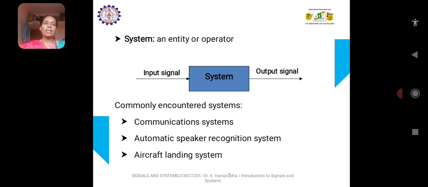Some commonly named systems are communication systems, speaker or amplifier system and aircraft landing system. Everywhere, wherever we have some reference or control elements, there we will be having a system so as to monitor the reference or threshold level and to control the linked circuits.